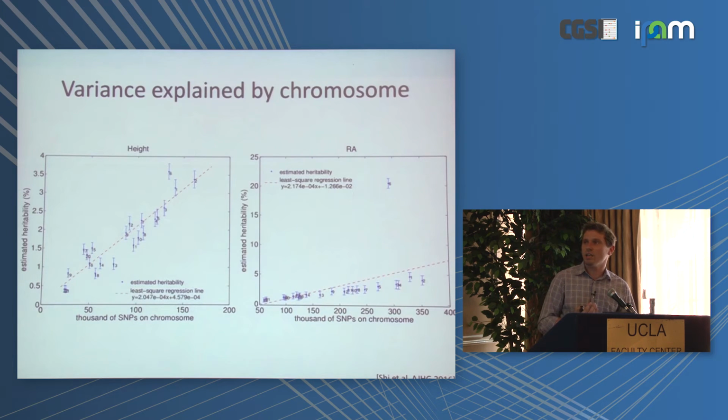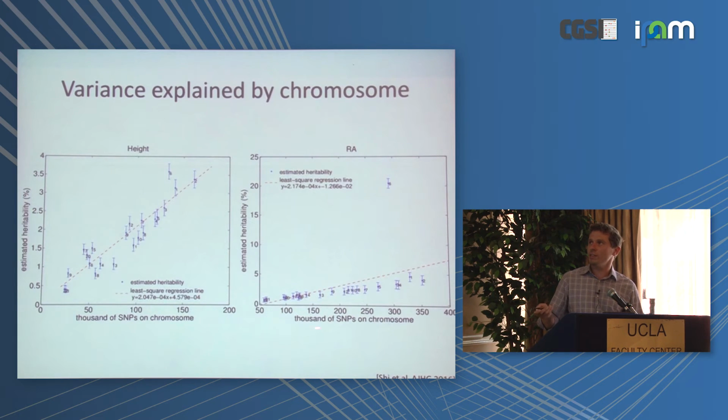This is coming back to the 2010 paper from Peter Visscher's group, where they were showing exactly the same type of plots, where this is the small chromosome 22 all the way to chromosomes 1 and 2, and you see that there's a nice trend here. So the longer the chromosome, the more likely it has causal variants for height, and therefore the more of the variance in height they explain, right?